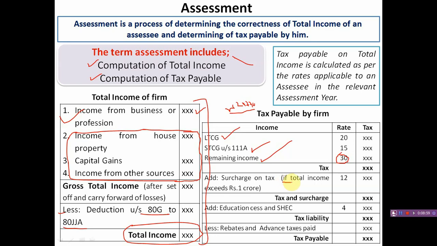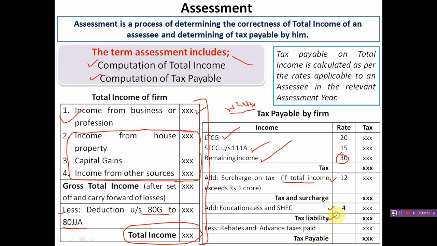If the total income exceeds rupees 1 crore, 12% surcharge is to be added, and 4% health and education cess. It is compulsory irrespective of the extent of total income. It is to be added and calculated on the tax amount.